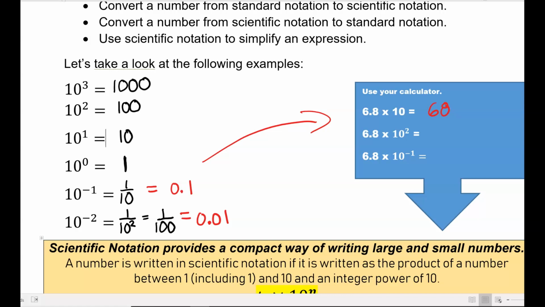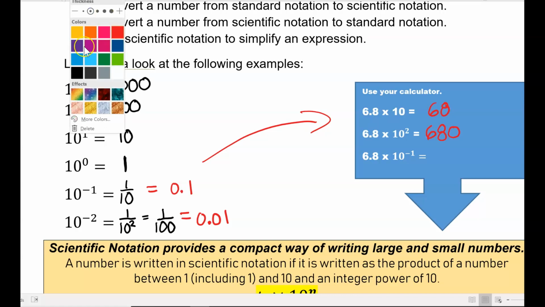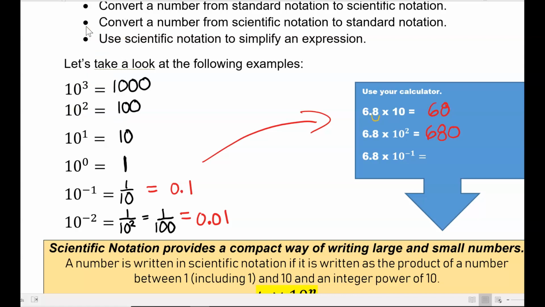In your calculator, what do you get when you put in 6.8 times 10 squared? You should get 680, right? What I want you to notice is that with 6.8 times 10, you are moving that decimal one place to the right because it's 10 to the first power.